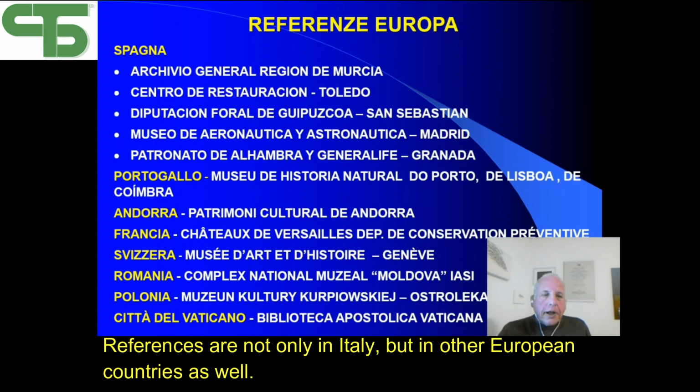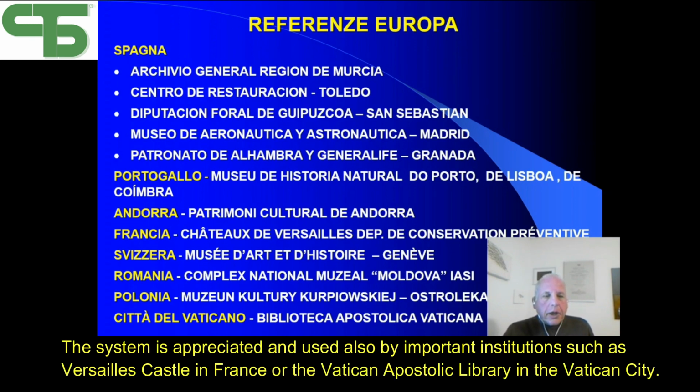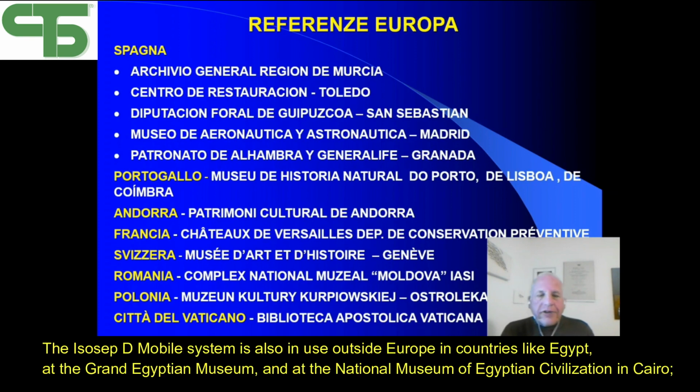These are European references, therefore, not only in Italy. The system is known and used also by important institutions such as Versailles Castle in France or the Vatican Apostolic Library in the Vatican City.